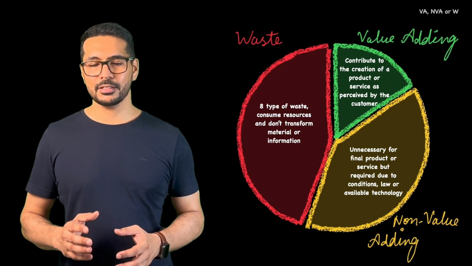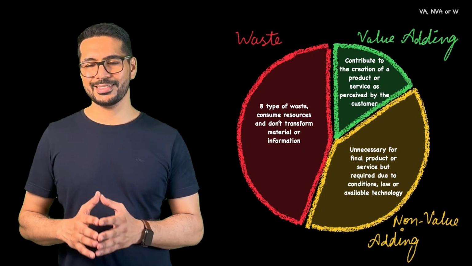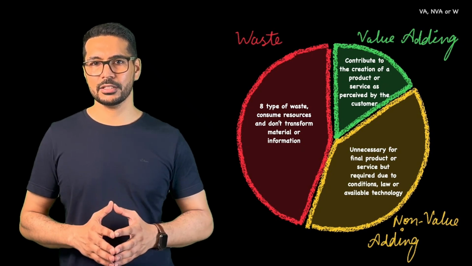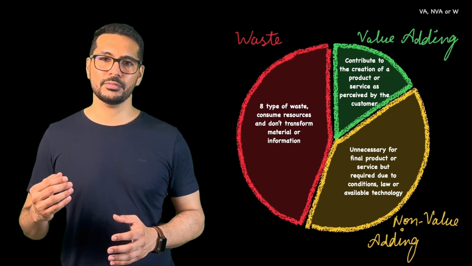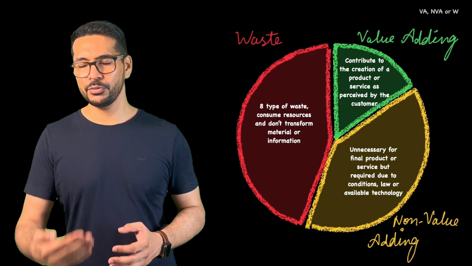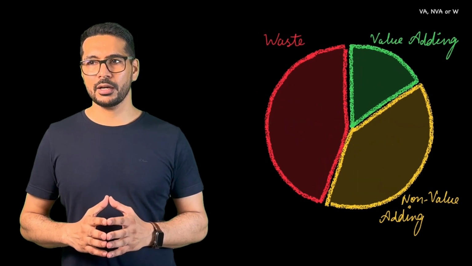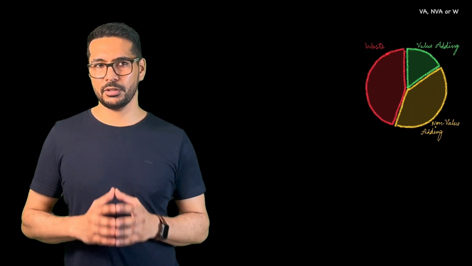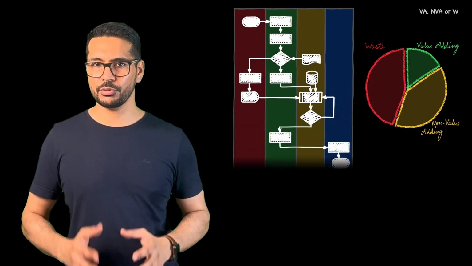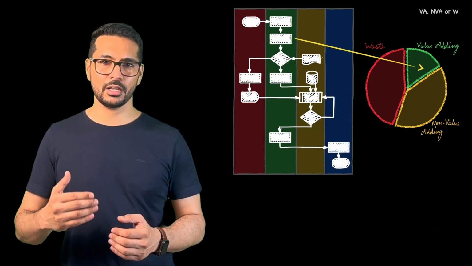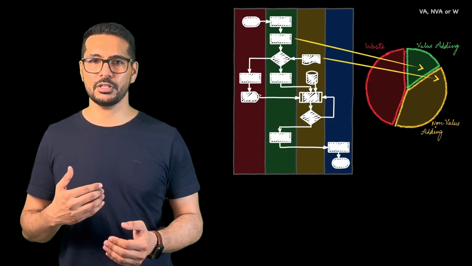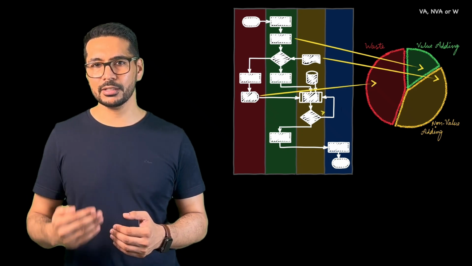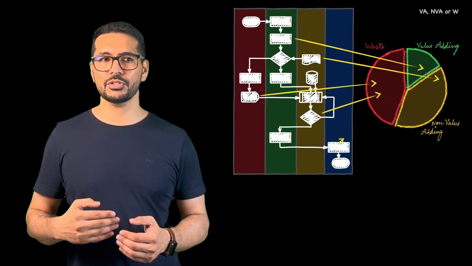So with this definition of value adding, necessary non-value adding, and the waste definition from the customer point of view, we have to mark all the activities, all the process steps in our process flow diagram, which activity is value adding, which activity is waste, or which activity is necessary, and we have to mark and see which we can eliminate.